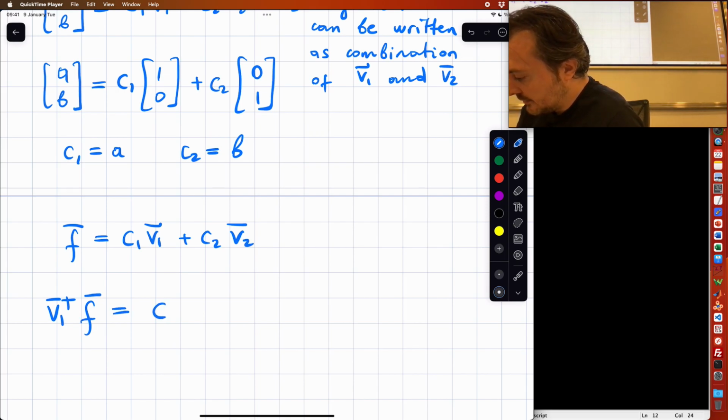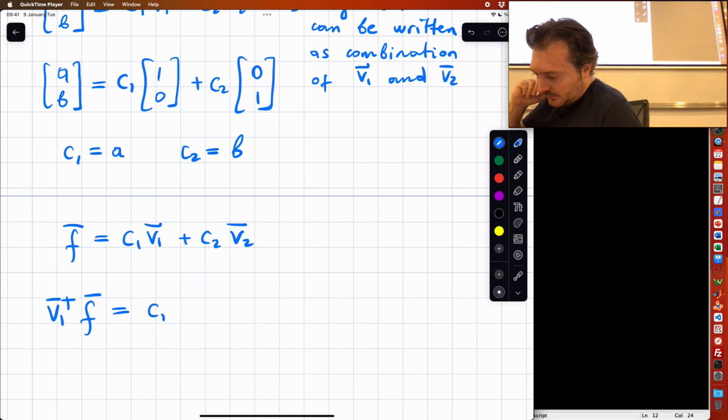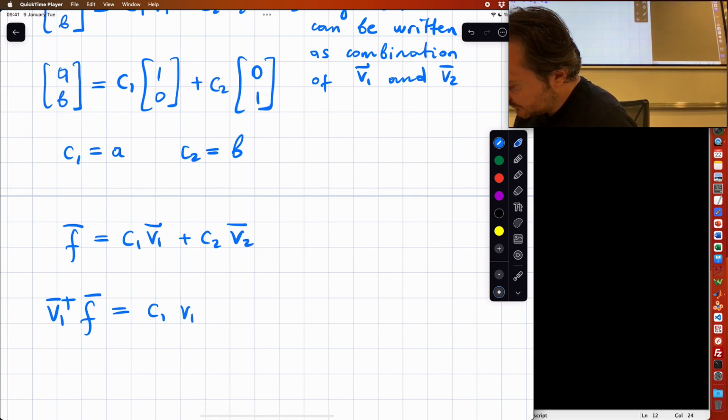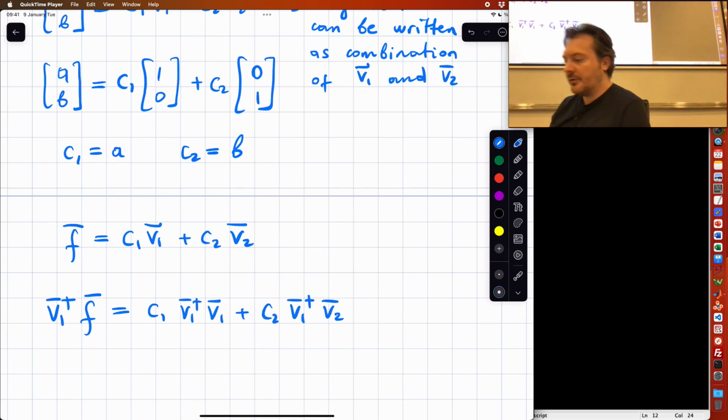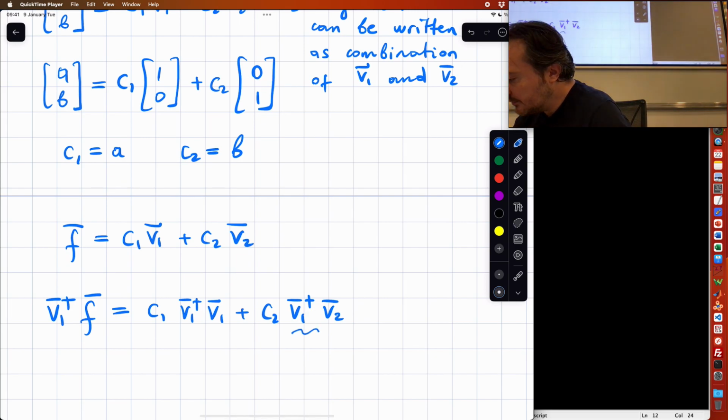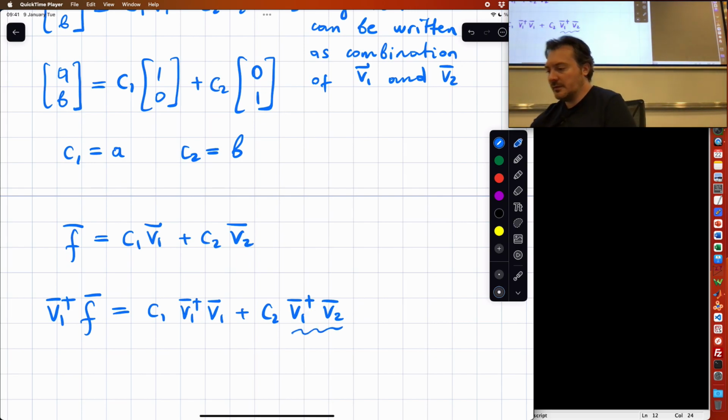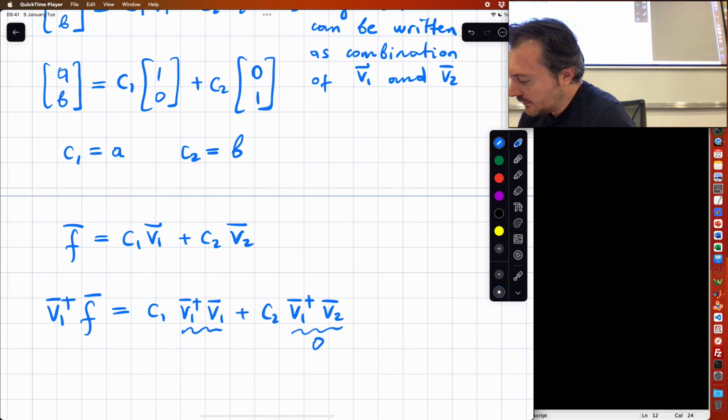C1 is a coefficient, so I take C1 to the left. Did you follow what I did here? Everyone? Yes? So what is V1 dagger V2? 0. This is 0. Very good.